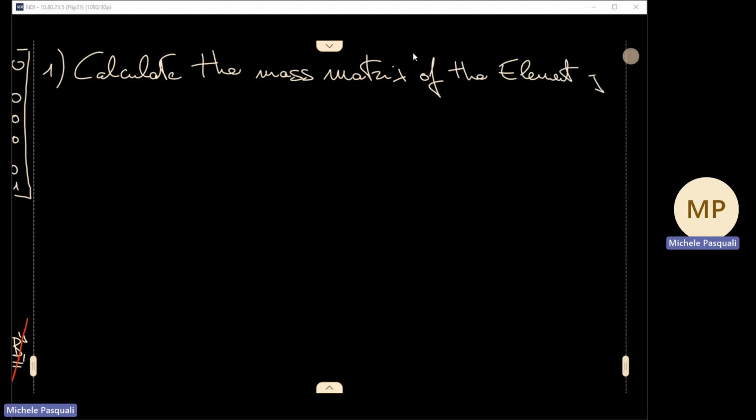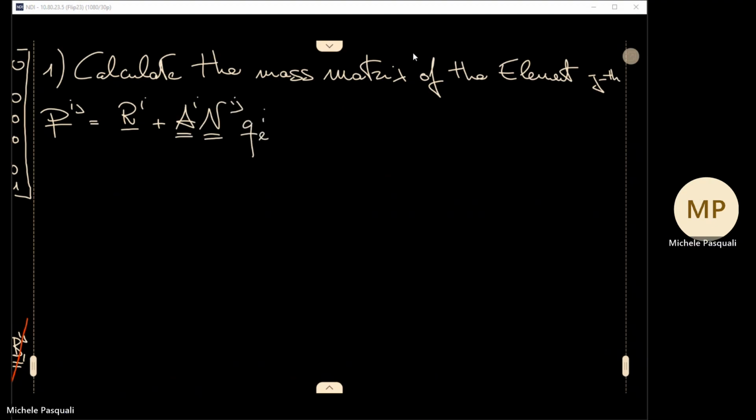Of the element J of the body I. So again, we start from the typical expression of the position of a point that we know in this form for the element J, where, of course, the matrix A is the typical rotation matrix in the 2D case.